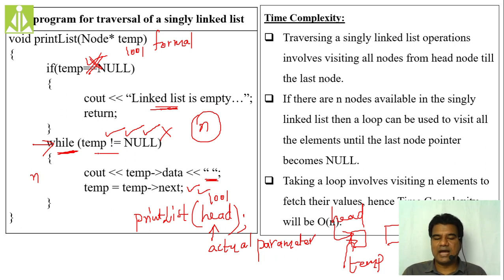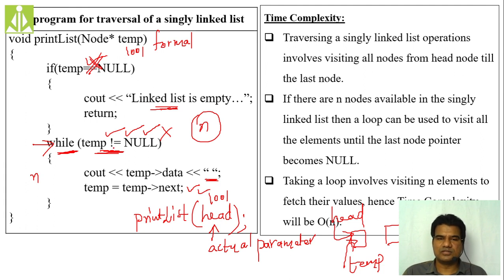Even if you consider that extra step, it becomes n plus 1 only. That will not change anything in your function, because it is a constant value. Adding 1 to an unknown number will not change anything. It is something like adding a drop of water to an ocean. Does it make any sense?